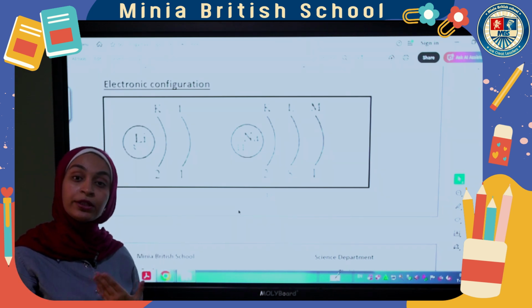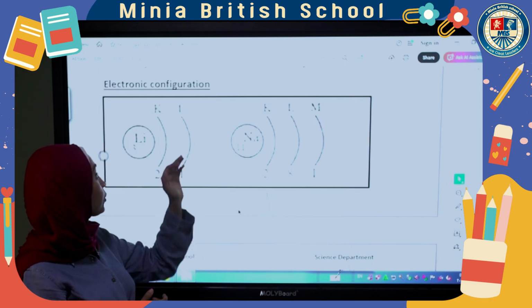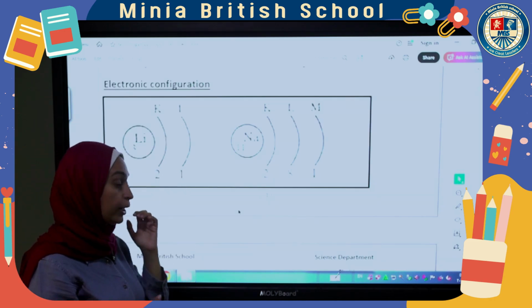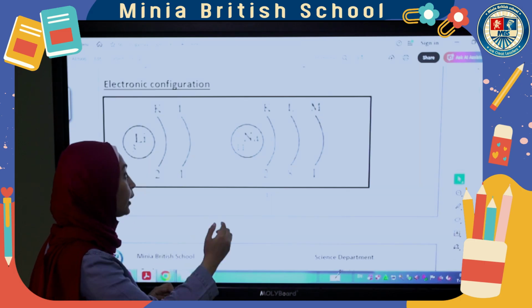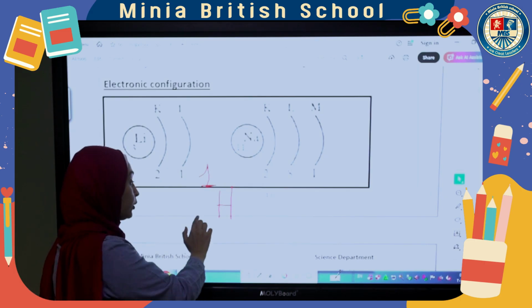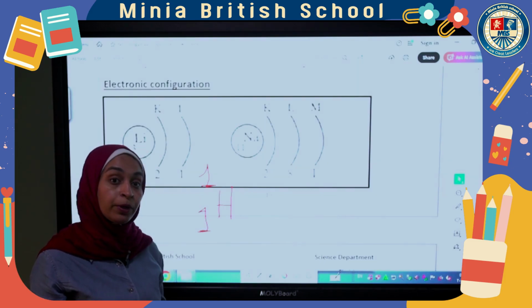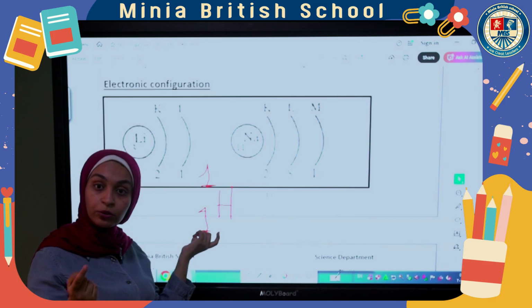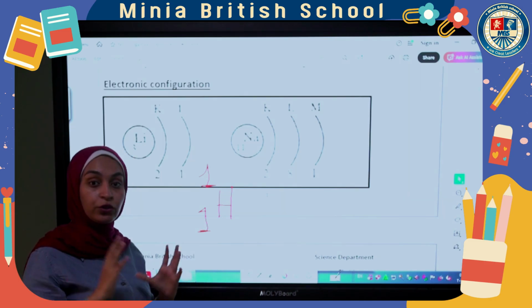Let's see how we can distribute the electrons in the main energy levels, starting with hydrogen. How can I write hydrogen? At first, I have to write that hydrogen has mass number 1 and atomic number 1. I will distribute 1, which is the atomic number, because the atomic number is the number of electrons.